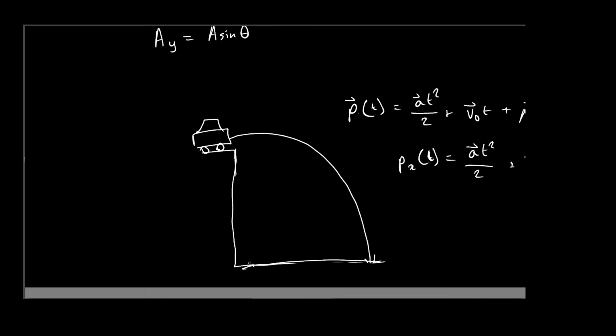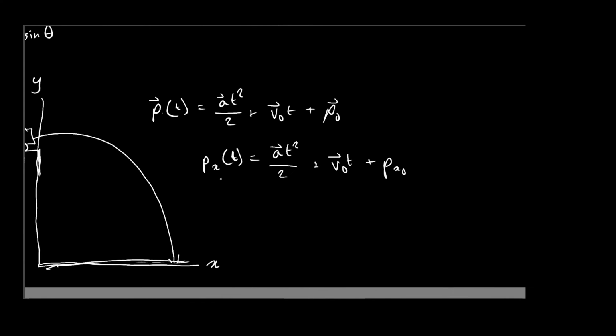Right. Now we draw our axes. This is our y, right? So we draw that. This is our y, and this is our x, right? So we have two equations. Wait, I forgot to draw the other one.